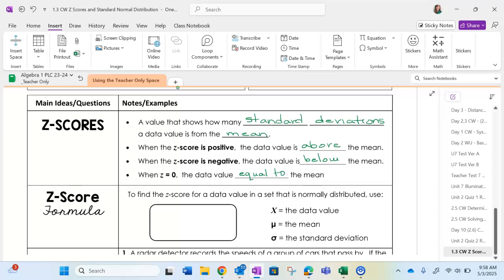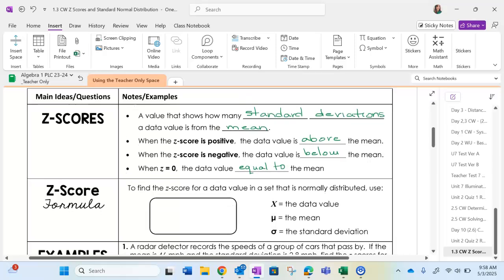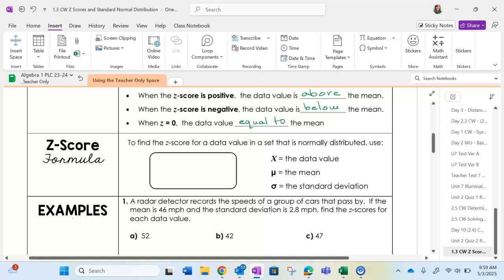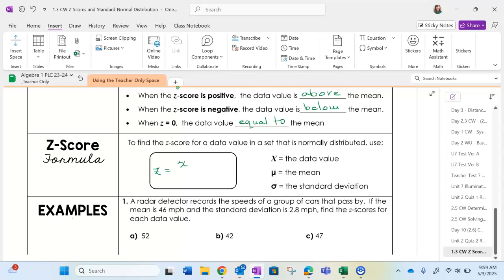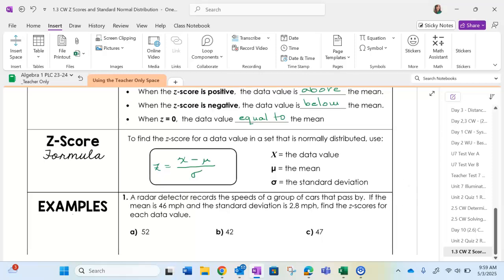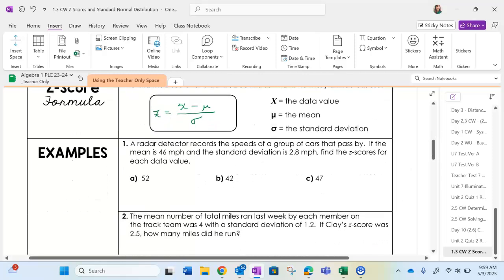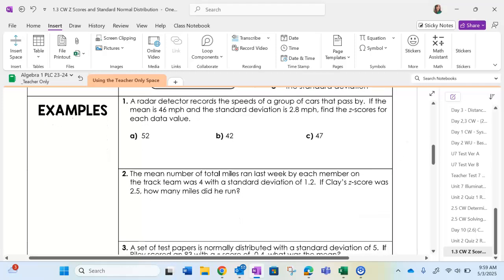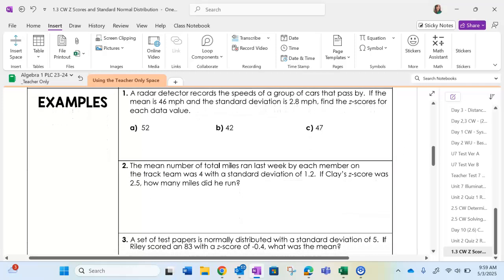Now, you're going to have a formula that's going to help you calculate z-scores. And that formula is the z-score is equal to some data value minus the mean divided by the standard deviation. So that is the formula that we are going to use. Okay? Now, a few little things as we go to calculate. All right, you guys have that in front of you. I'm going to move up.